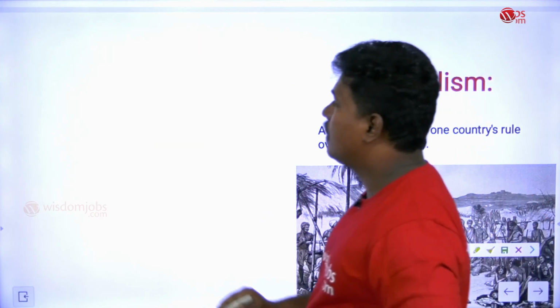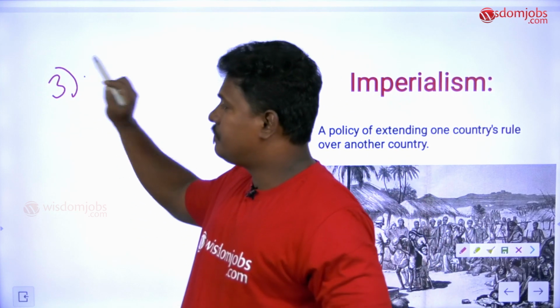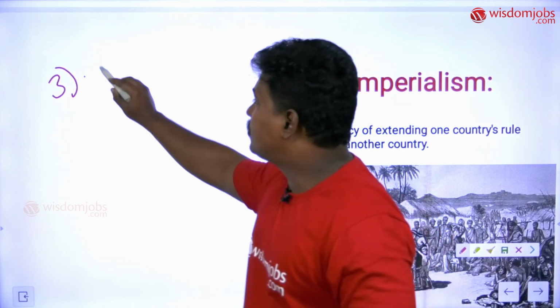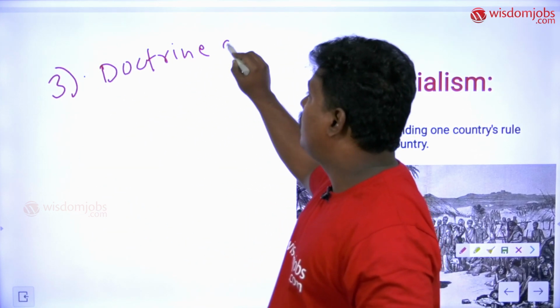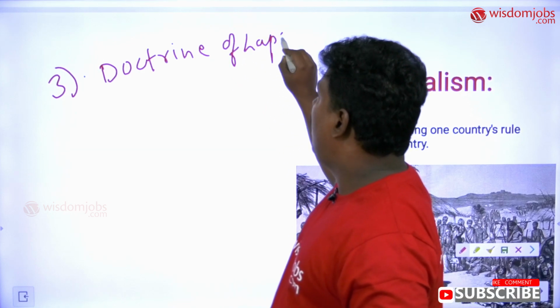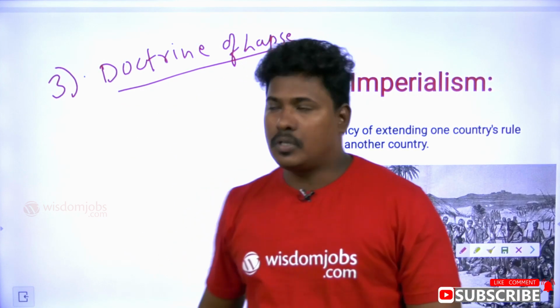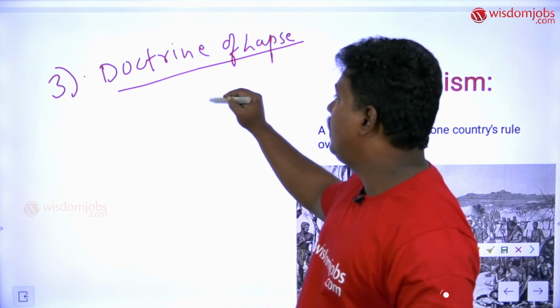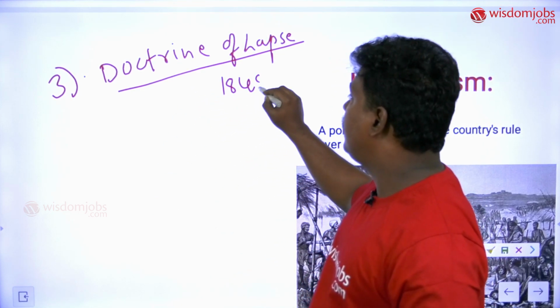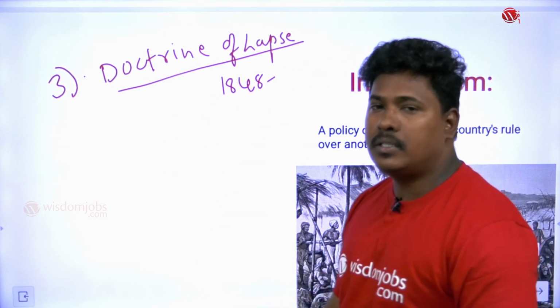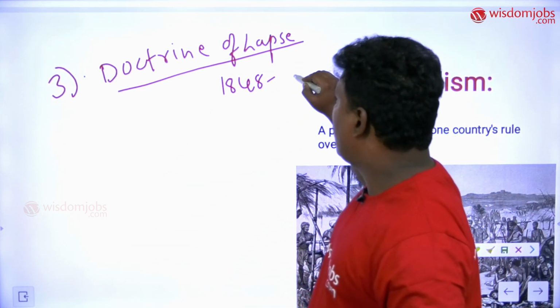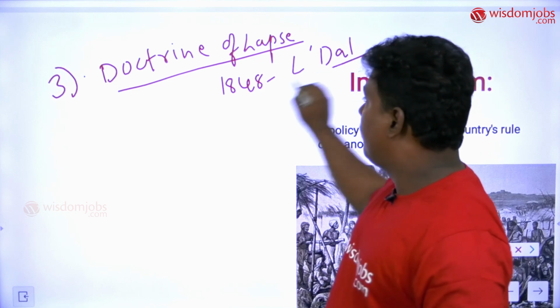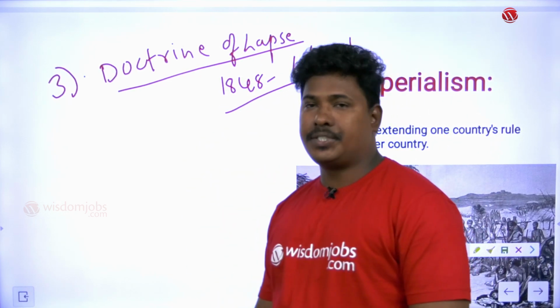Next, third is Doctrine of Lapse. Doctrine of Lapse is a policy introduced by Lord Dalhousie in the year 1848. Lord Dalhousie was the Governor General.